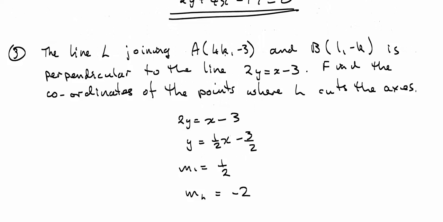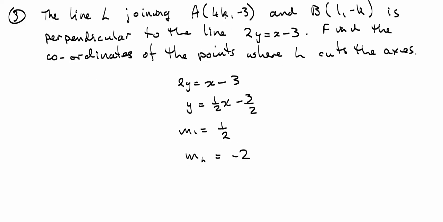Now, that gradient is obviously the gradient of AB. So we can say that the gradient of AB is the difference of the y coordinates divided by the difference of the x coordinates.